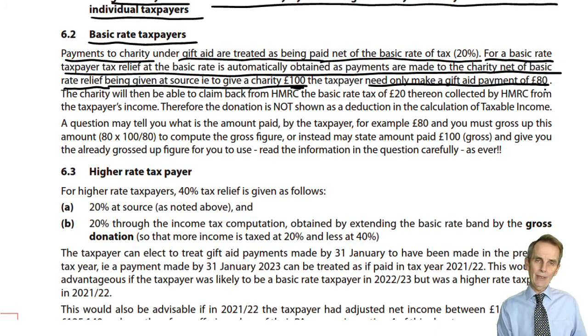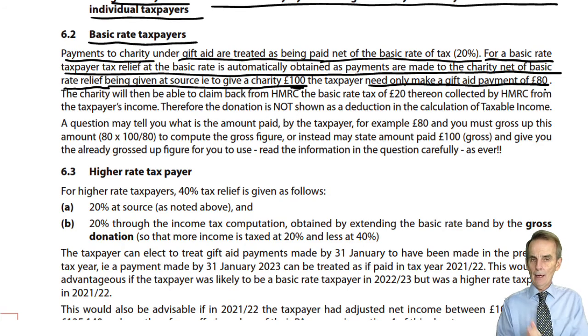So what the charity gets is not just your £80. The charity, with your gift aid payment, can notify HMRC of the gift aid payment of £80 that you, a basic rate taxpayer, have given to them.